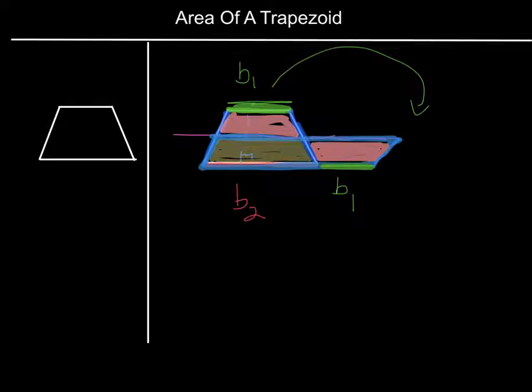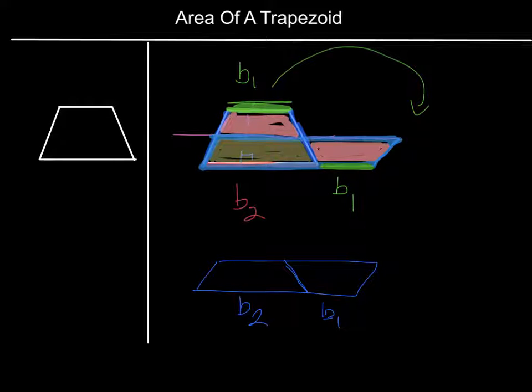So my new trapezoid looks like this. My new parallelogram looks like this. And it's broken up into some parts to where this right here is B2, this right here is B1.